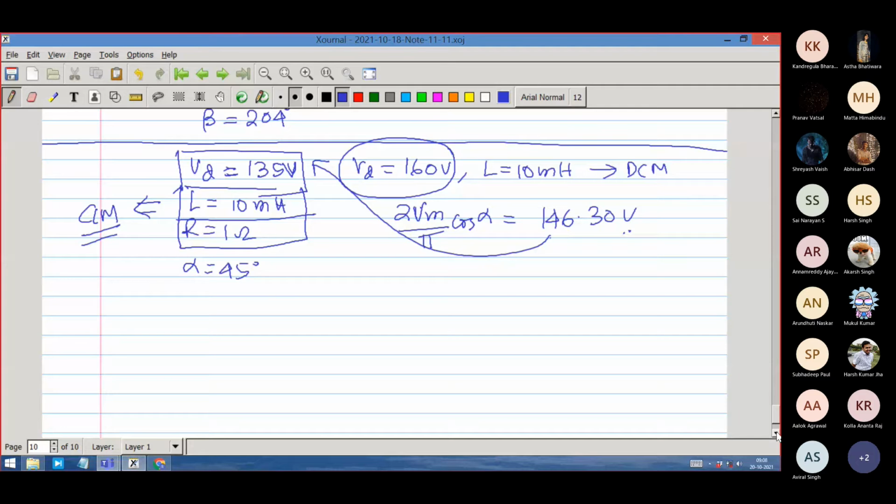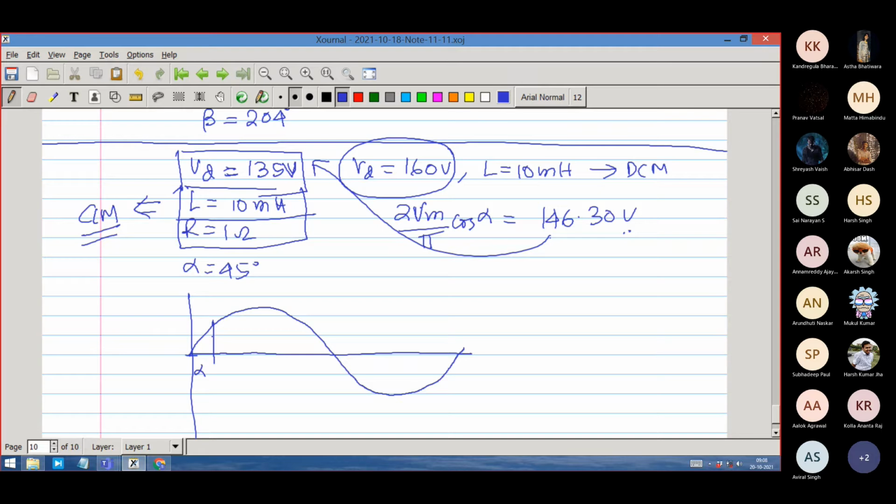So what is the situation here? Qualitatively, first you see what is the situation. What does continuous conduction mode mean? You have fired at an angle alpha. Current is not zero here.